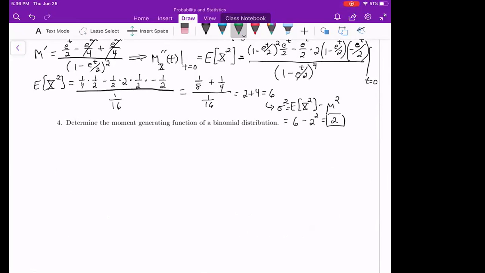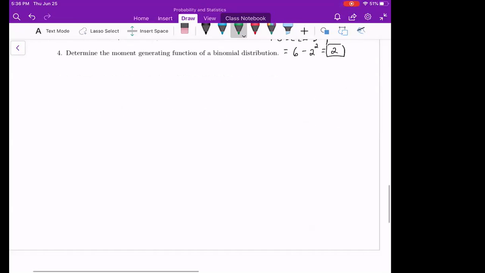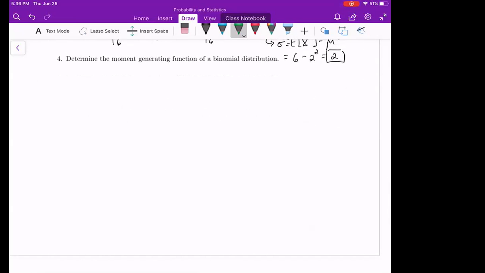look at number 4, which asks us to determine the MGF of a binomial distribution. This is similar to 1 in terms of the process. So we'll start there.